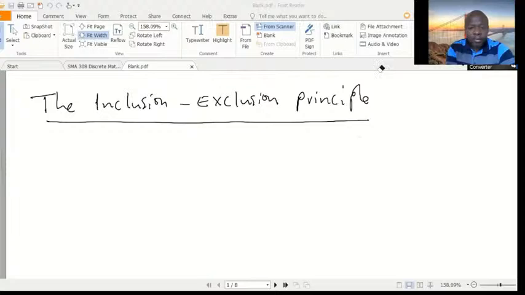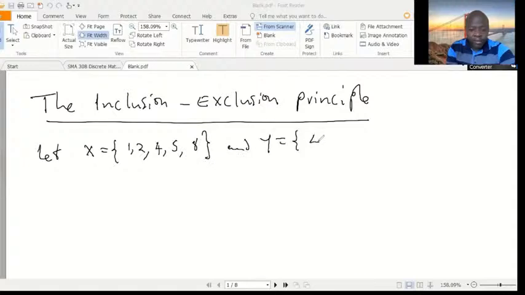So let X be a set comprising of 1, 2, 4, 5, 8, and Y be the set comprising of the elements 4, 8, 10, 12.